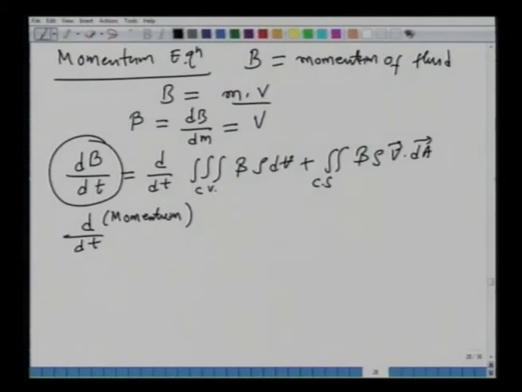You have to go back to your knowledge of physics, 12th standard, or maybe your first few years of engineering degree, and tell me what is the basic law that gives you the time rate of change of momentum. Yes, it's given by Newton's second law of motion.